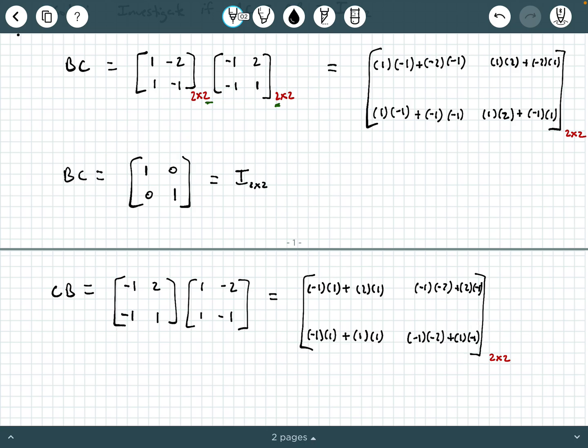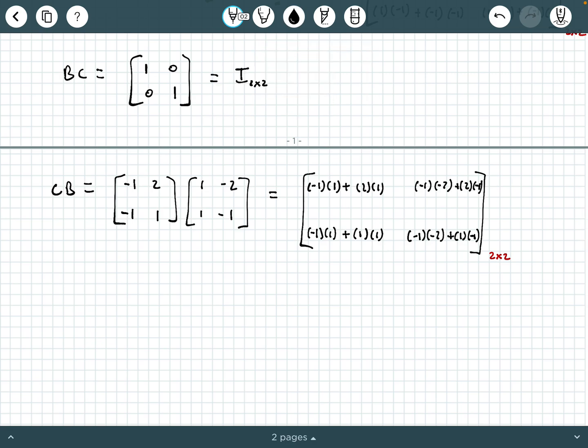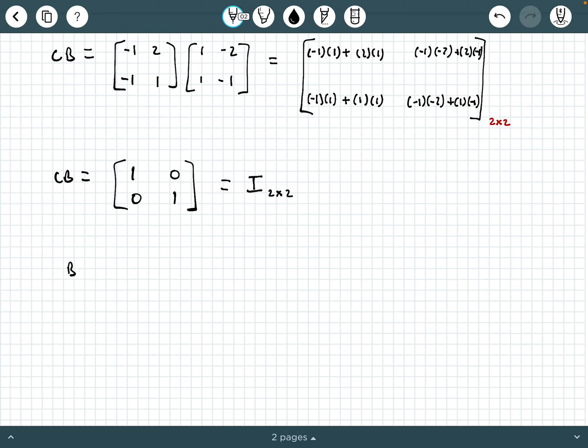All right, so when we collapse all of this down, we're going to get CB equals, and you can punch this through and check me, but you should end up with 1, 0, 0, 1. And of course, this is the 2 by 2 identity matrix again. So we're going to finally say that since BC equals CB equals I 2 by 2, matrices B and C are inverses of each other.